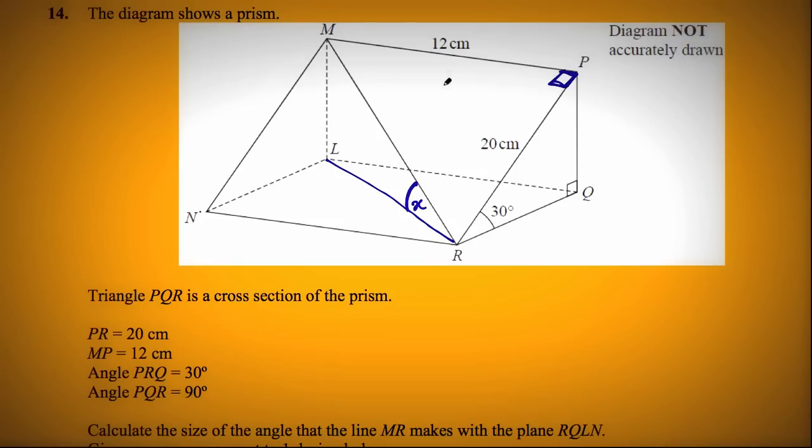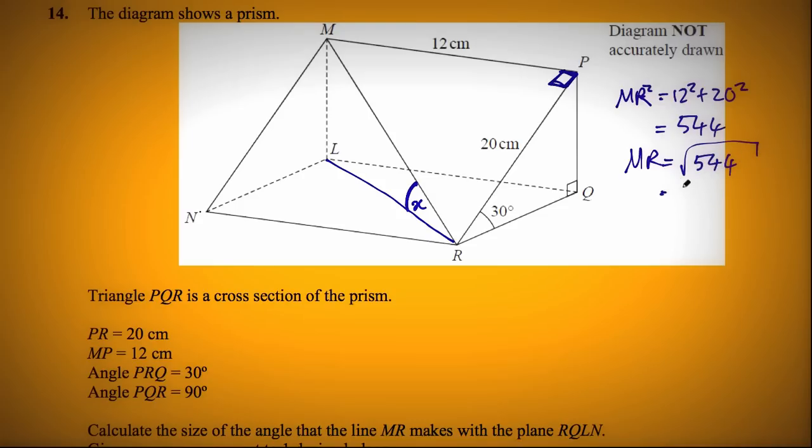So first of all, MR squared is the hypotenuse, so that is 12 squared plus 20 squared, which is 544, I think. Yep. So MR is the square root of that, which isn't an exact answer, so I'm going to leave it as root 544 at the moment.